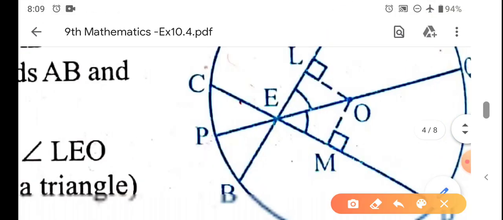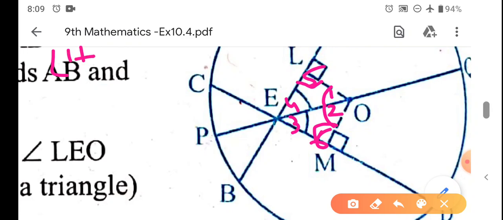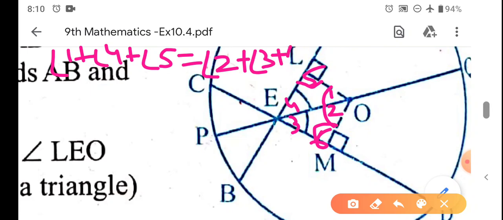So what you can write, 1, 2, 3, 4, 5, 6. Angle 1 plus 4 plus 5 is 180, because the sum of angles of a triangle is 180. Also angle 2 plus angle 3 plus angle 6 is equal to 180, because this is also a triangle.